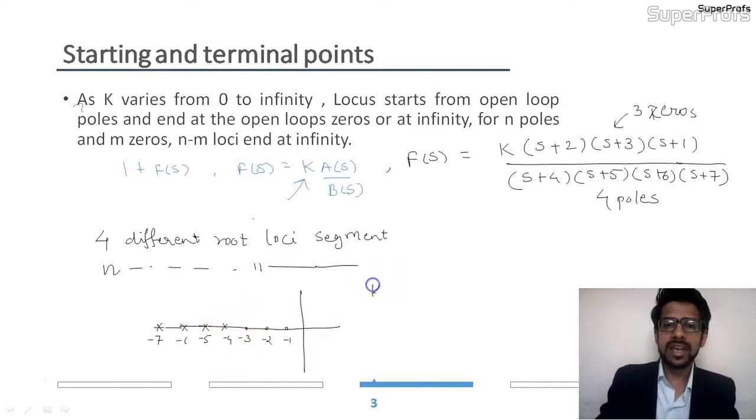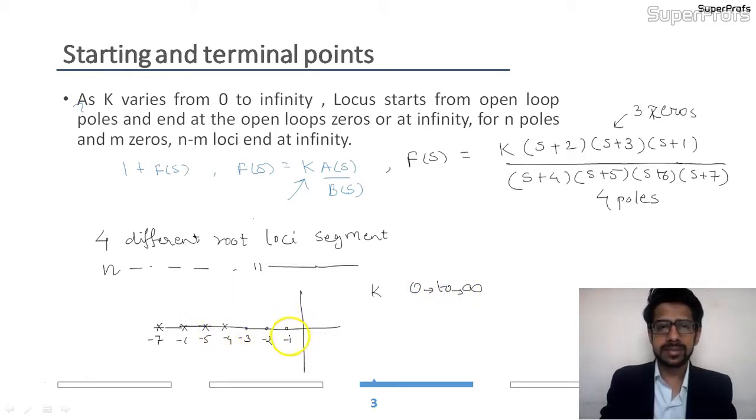As you vary k from 0 to infinity, the root locus will start from a pole and end at a zero. Let us say the root locus will start at -4 and go towards -3.